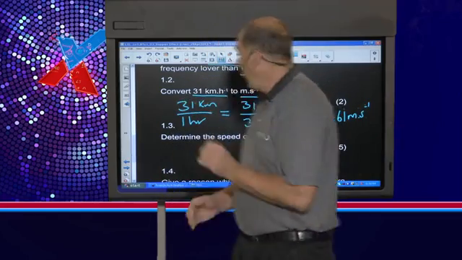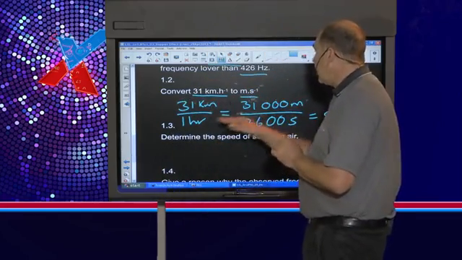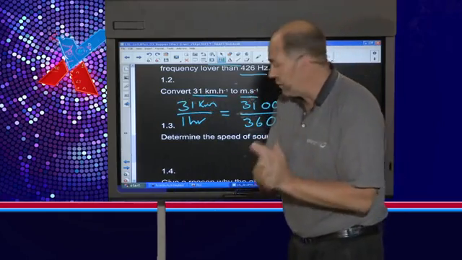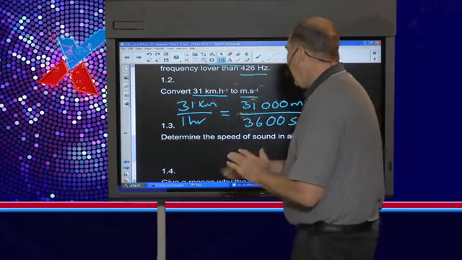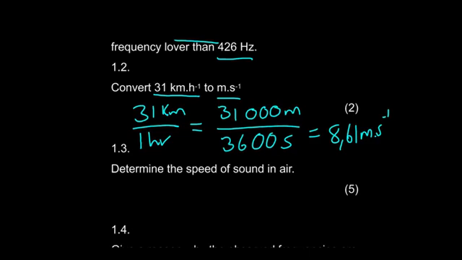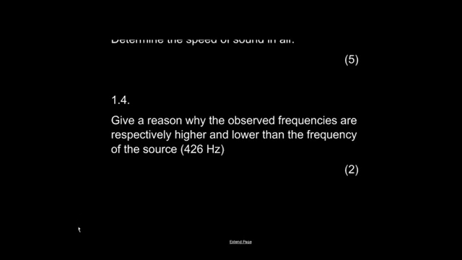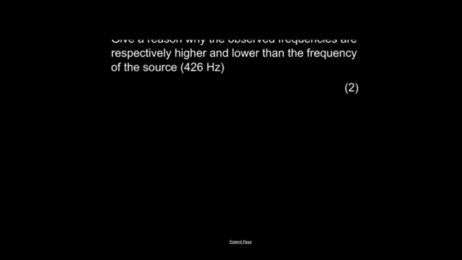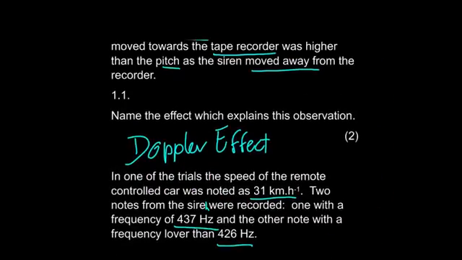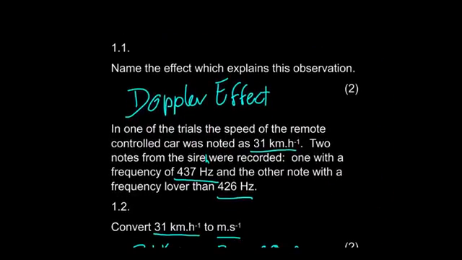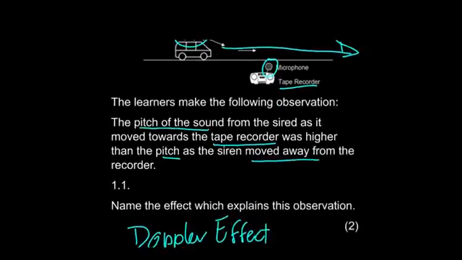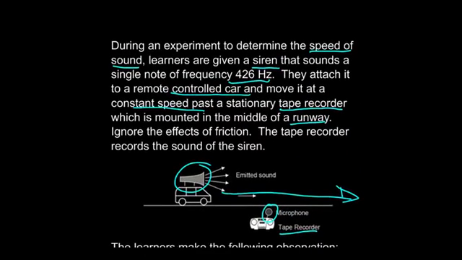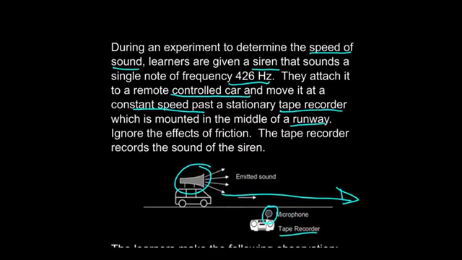So we now know the velocity of the car. It was moving at constant velocity. Question 1.3 asks me to determine the speed of the car. So guys, let's put down all the information we've been given. The first thing that we were given way back at the front was the frequency of the generator.